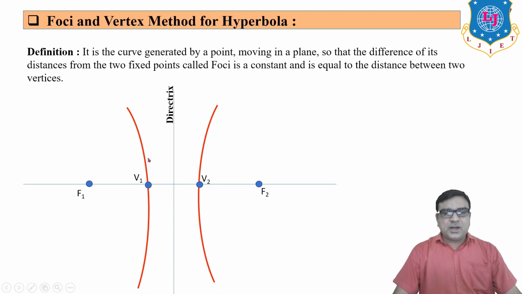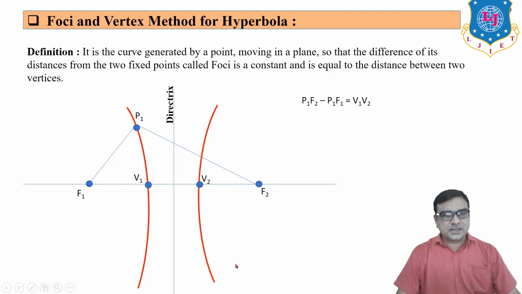So hyperbola is the curve in which if you select any point on the curve, P1, then the difference of the distance from P1 to focus point F2 and from P1 to focus point F1 is always constant, and the value of this constant is equal to the distance between the two vertex points of the symmetrical hyperbola.